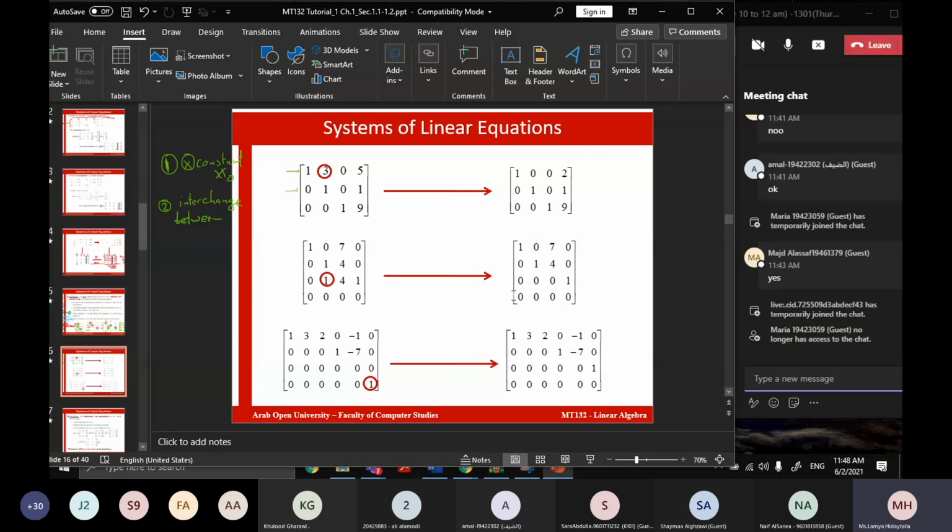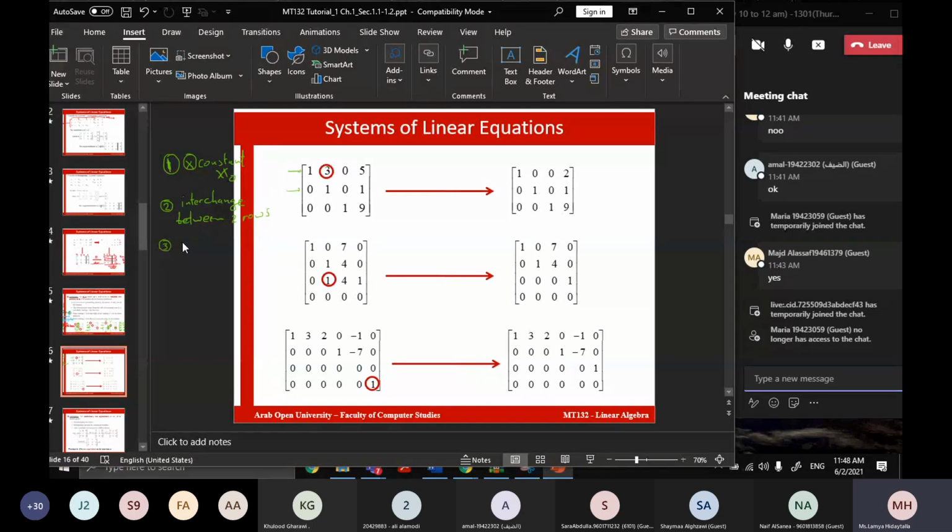We can interchange between any 2 rows. Third: multiply a row by a number and add it to another.